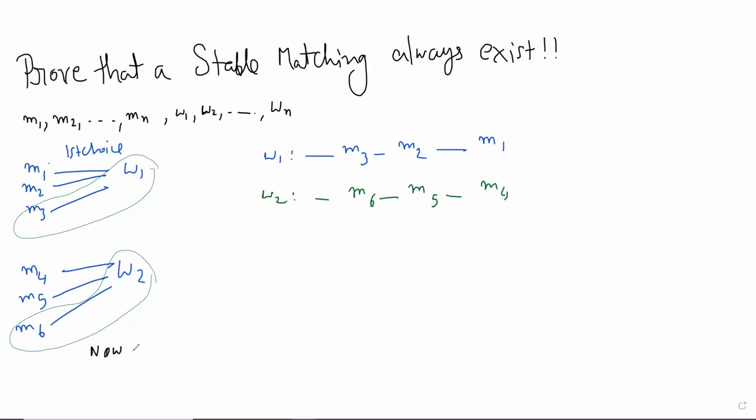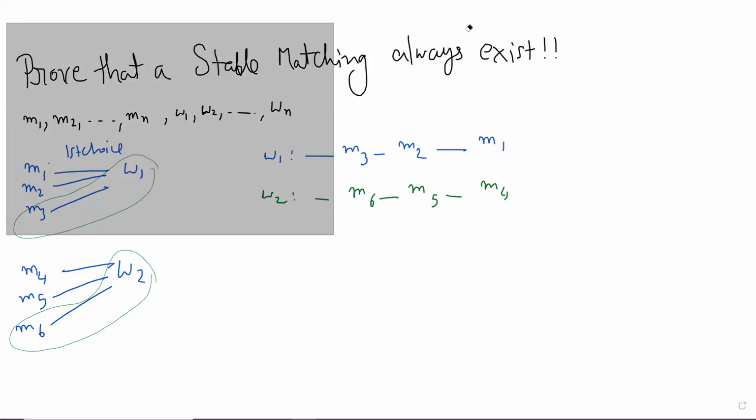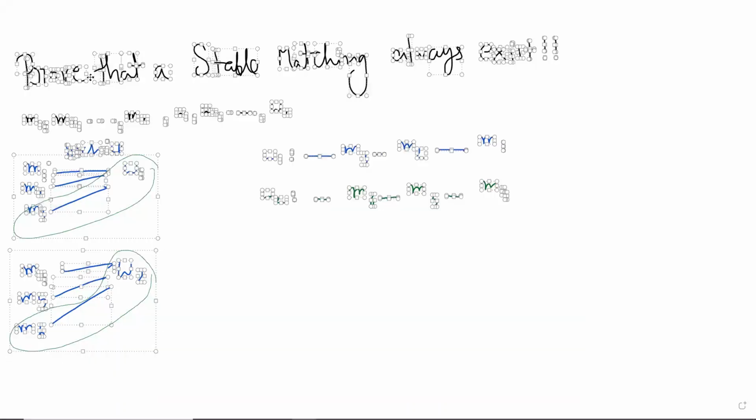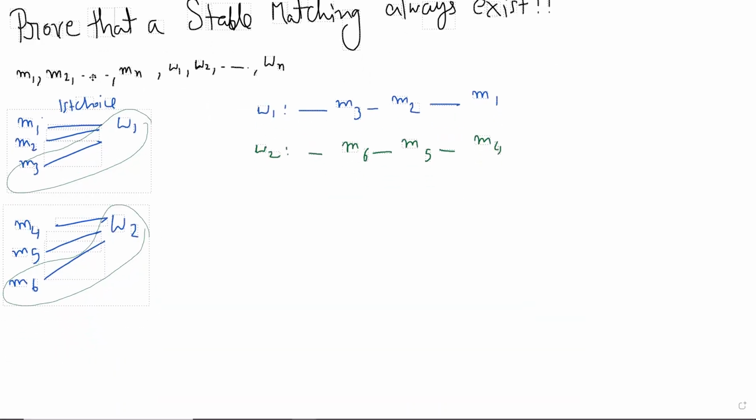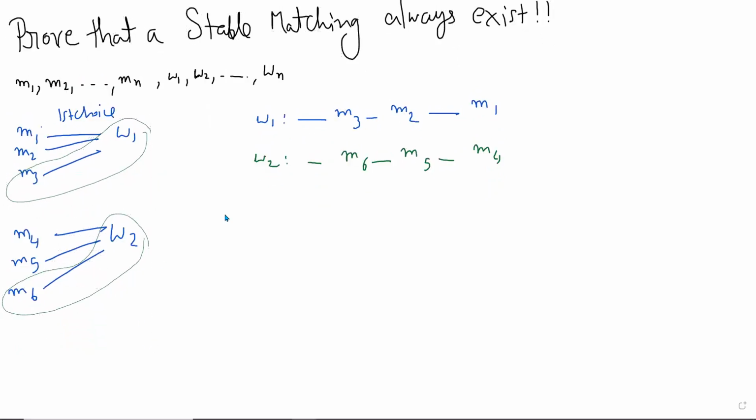Now, for the remaining men, you are saying for the remaining. So it's like the women are doing the picking, remember? Okay. But let me just write it in a more. But we want to then show that in the end, what you get is stable. That will be an interesting question.